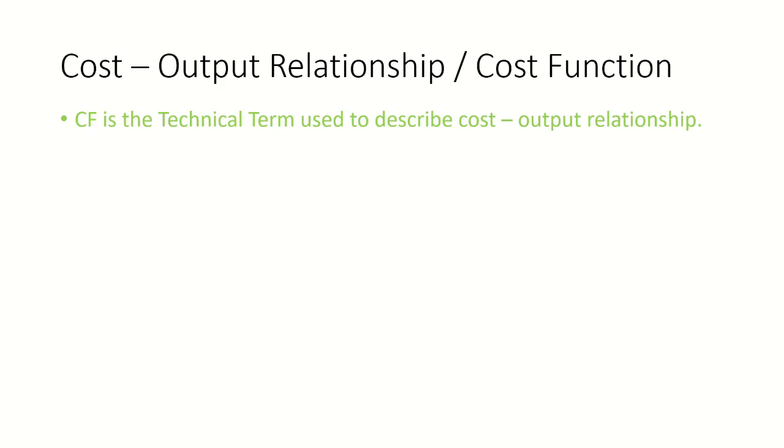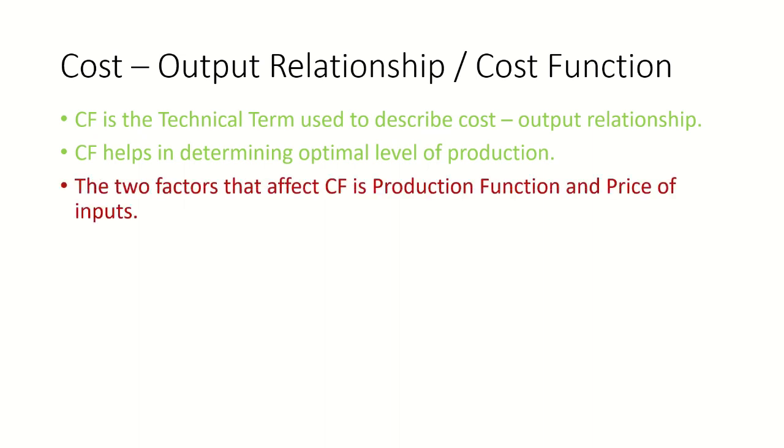Cost function is a technical term used to describe the cost and output relationship, and it helps in determining the optimum level of production. Optimal level of production means that we can produce the maximum quantity with the minimum cost. So the cost function helps in determining the optimum level of production.